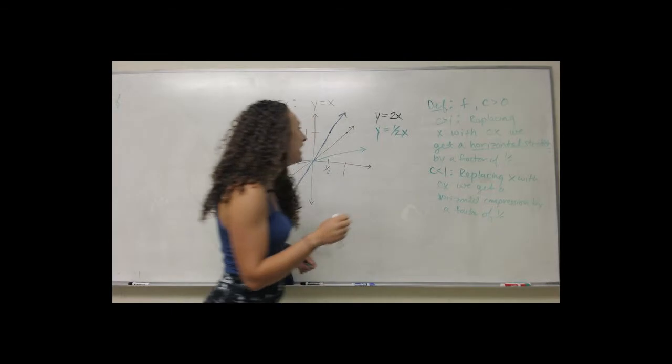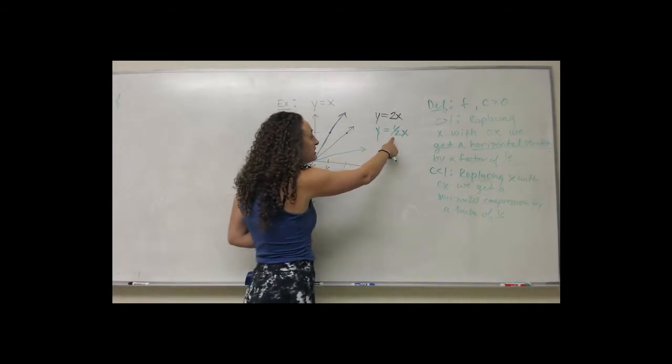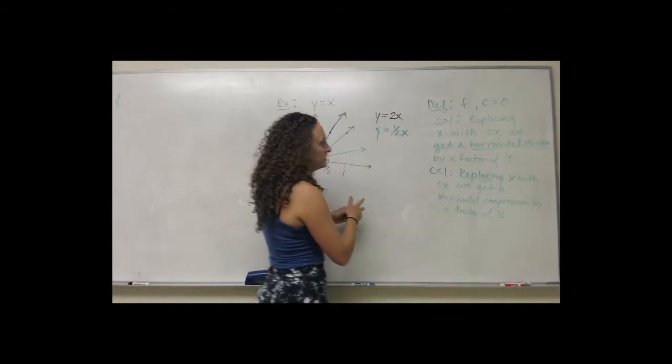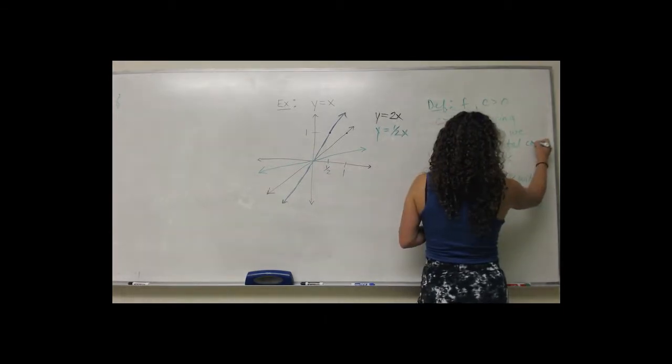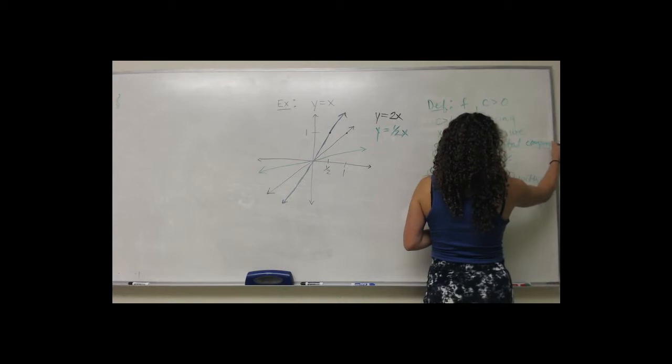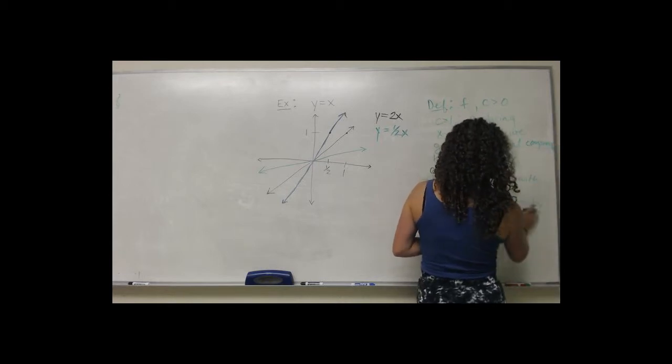Okay, so when we replace x with 1/2 x here, we actually, oh, I'm sorry, this should be the opposite way. This is the wrong word. Compression, and this one is stretch. I apologize.